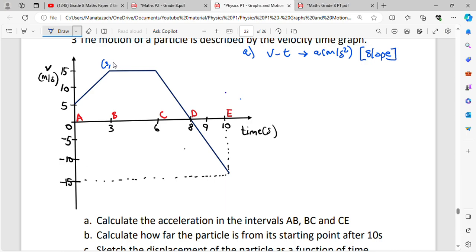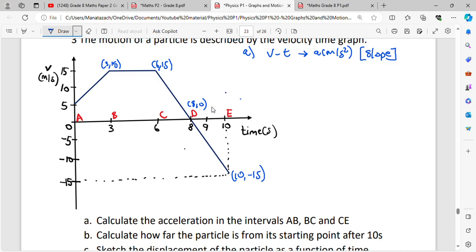The coordinates at point B are 3 and 15, point C 6 and 15, and at point E is 10 and minus 15. Point D is 8 and 0.